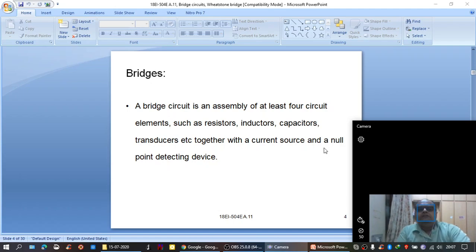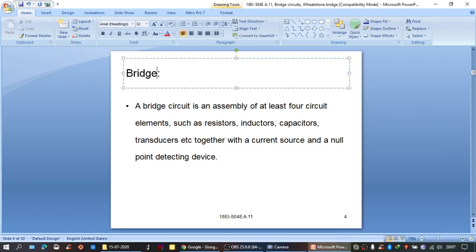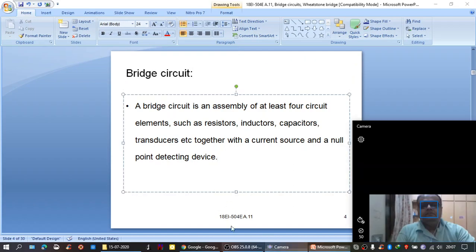So, what is a bridge? A bridge circuit is an assembly of at least four circuit elements such as resistors, inductors, capacitors, transducers, etc., together with a current source and a null point detecting device or null detector.